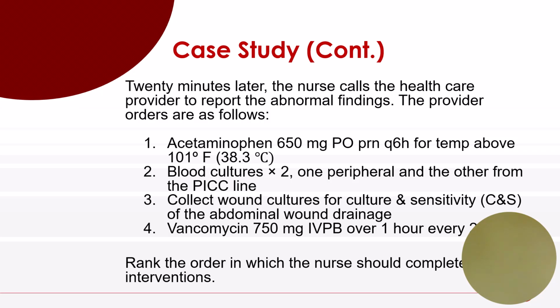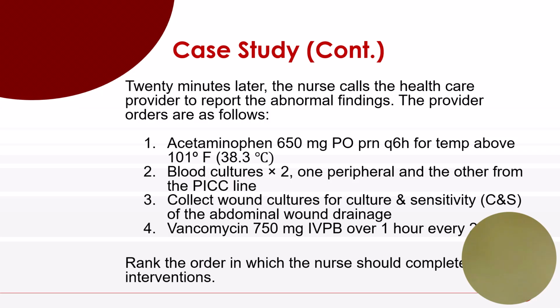Well, what do we do? Okay, so first of all, we really need to initiate that sepsis bundle, which we'll talk about a little bit more when we get into shock in Module 3. But understand with the sepsis bundle, that means that we're going to be doing blood cultures, we're going to be doing wound cultures if necessary, and administering antibiotics within 1 hour.